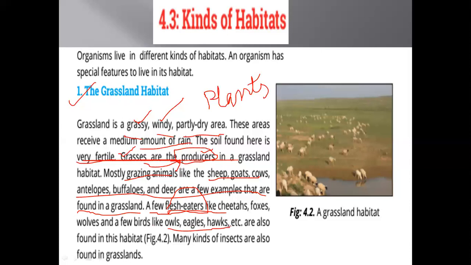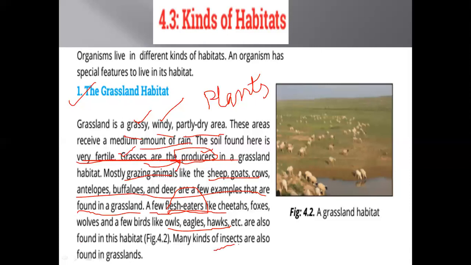We can say that they are flesh eaters or they are carnivore animals. These sheep, goats, are called grazing animals or cattle, as well as herbivores. So they feed on the producers like plants, and flesh eaters or carnivores feed on these herbivores. So there is a chain of this feeding habit.